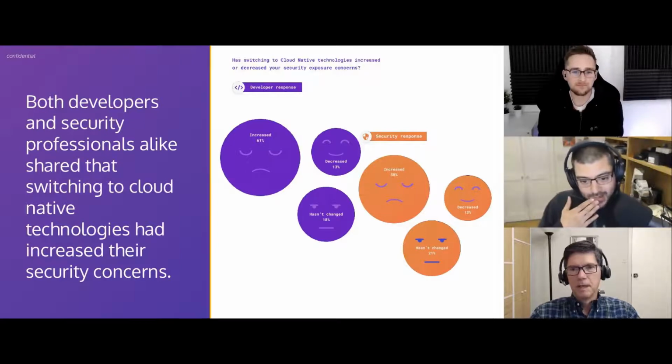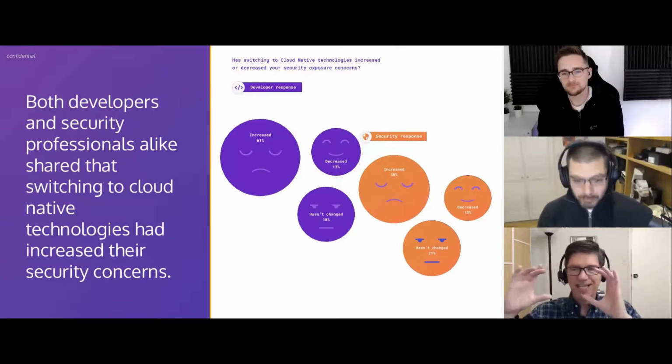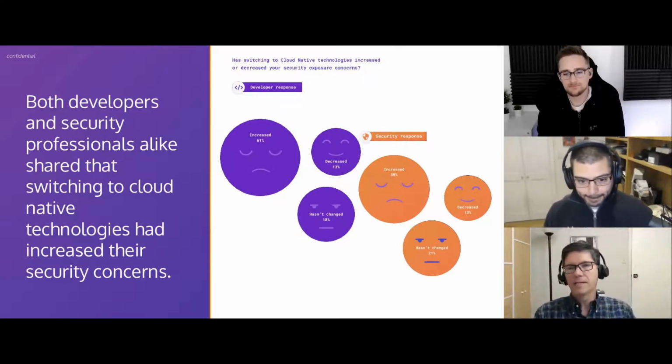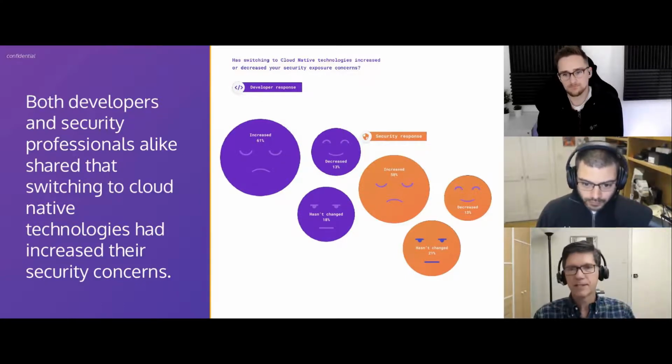Yeah. And the big takeaway in this slide, Simon, is the big bubble that says increased. So security concerns are increasing. And I think that's explained, as I mentioned earlier, by the pace of software delivery increasing and continuing to increase. Survey after survey says next year will be even faster. We're aiming for weekly or daily turnarounds.